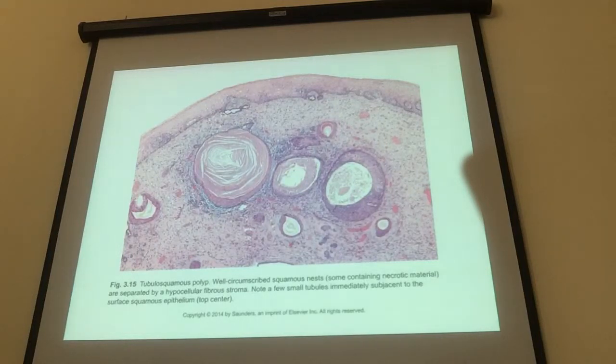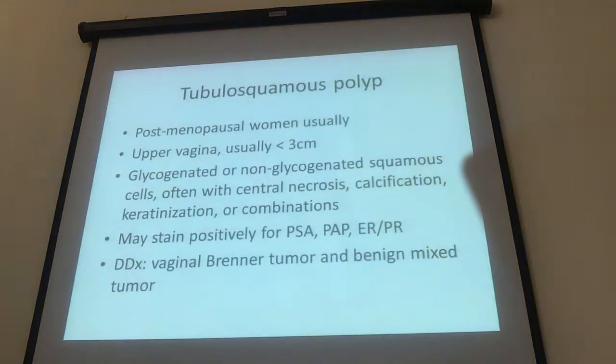But I agree that squamous metaplasia involving adenosis or something like that could be confusing. If you get any positivity for prostatic markers, that would clearly differentiate it from the cervical squamous metaplasia type of lesion as well.